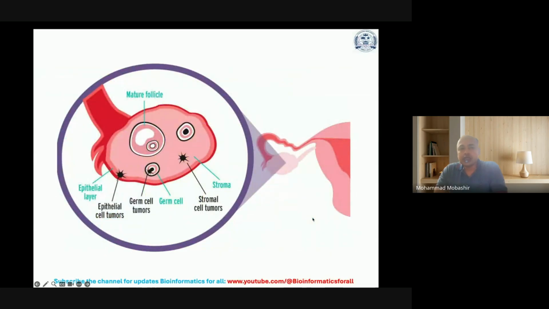If you want to see these three major types of ovarian cancers, here you can see the epithelial cell layer, then germ cell, then stromal cells.